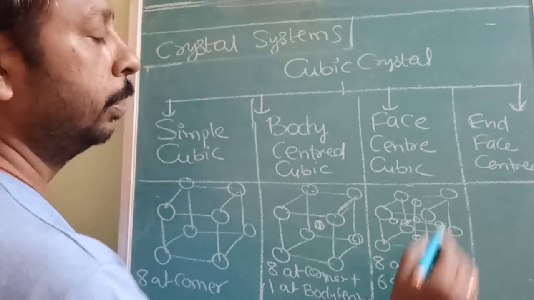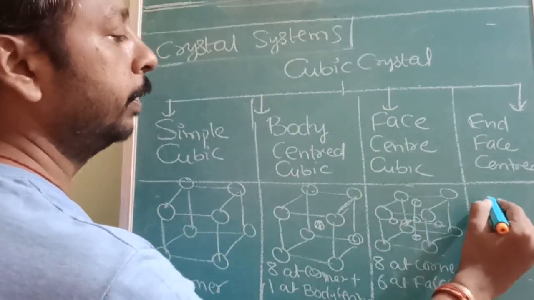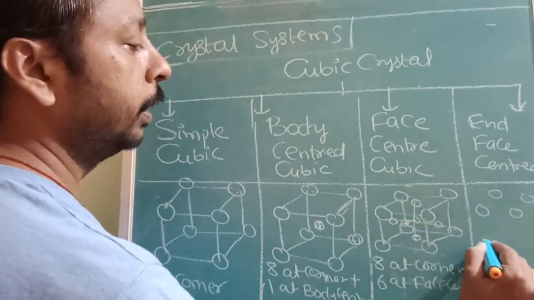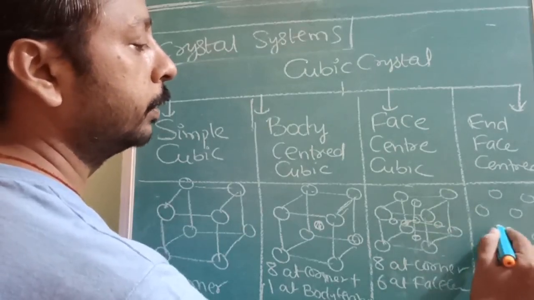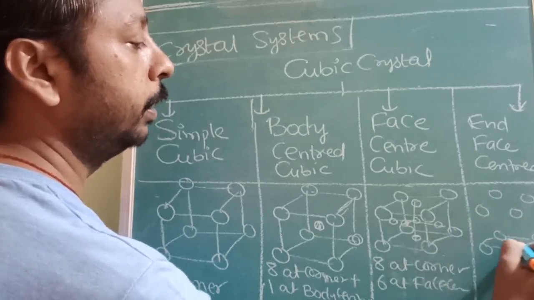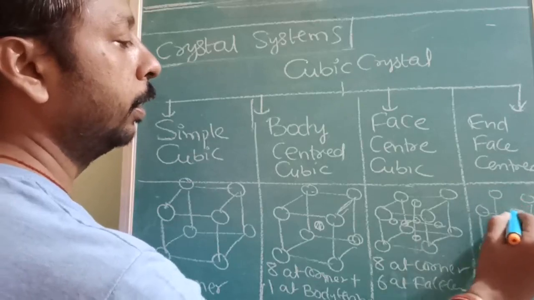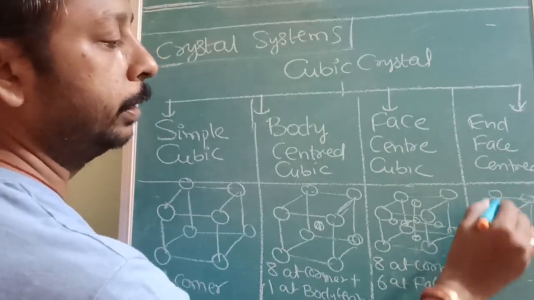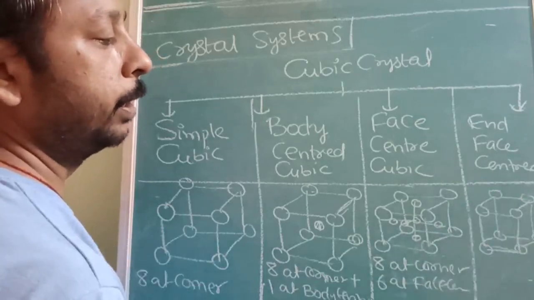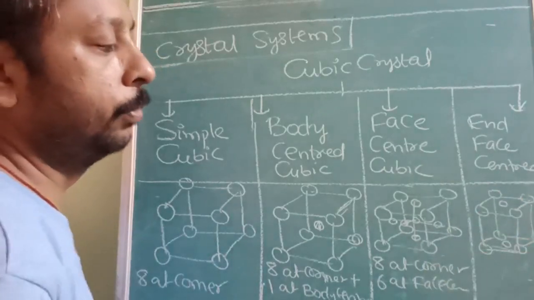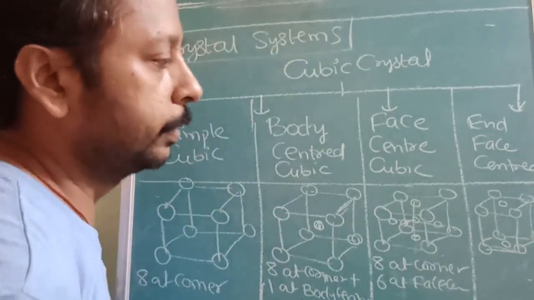Is it understood? Now end face centered will be there only when one of the distances, like A, B, C, one of the distances is very much longer. These are the two faces separated by a long distance. So only the long distance separated faces will contain face centers.